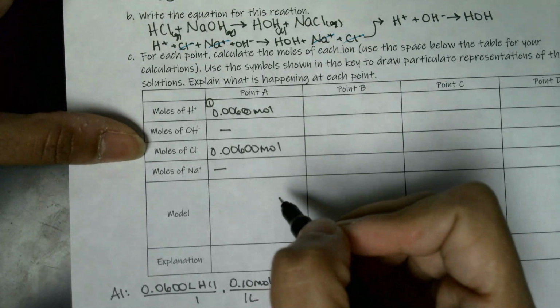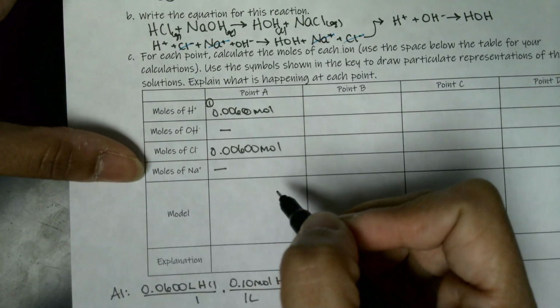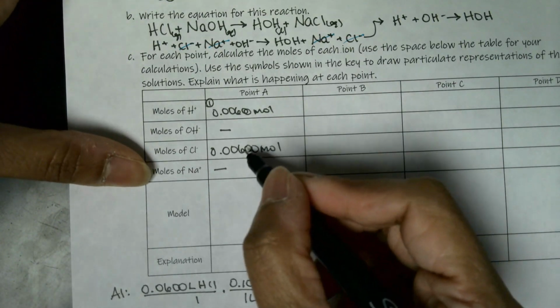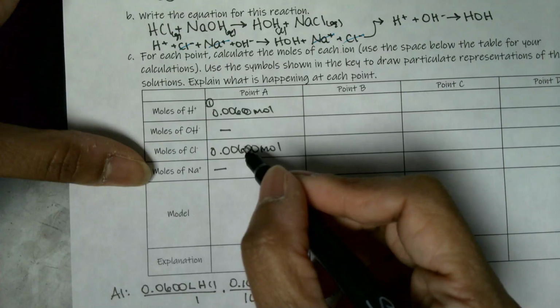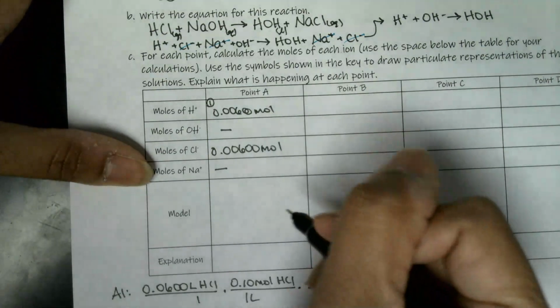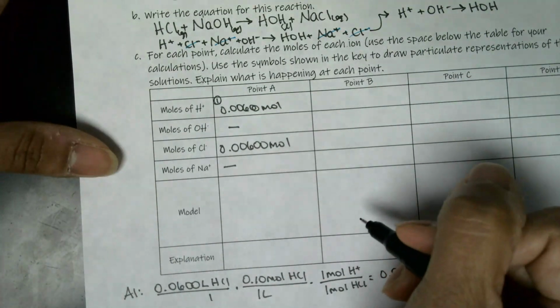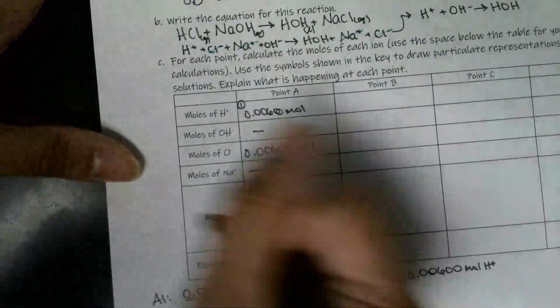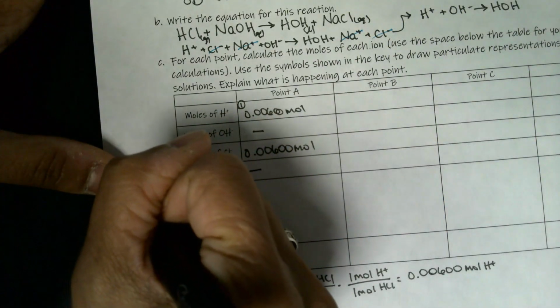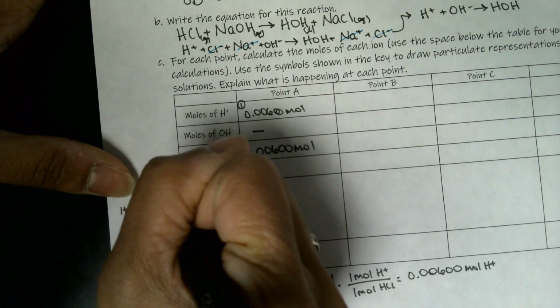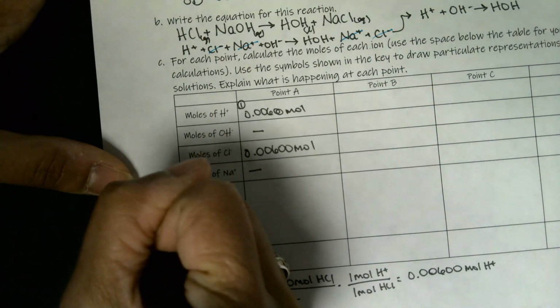If we think about a model here, let's say each H plus is equal to 0.002 moles, same thing with the Cl.